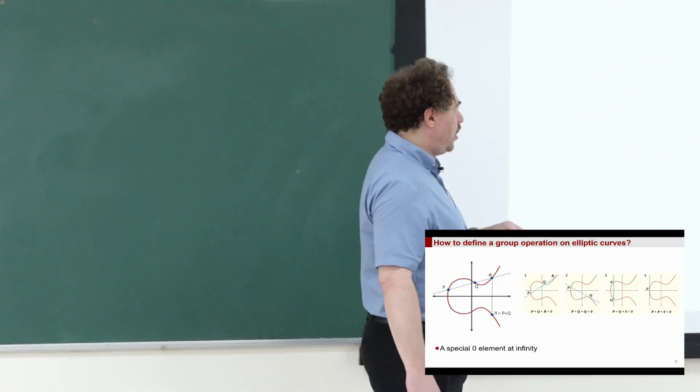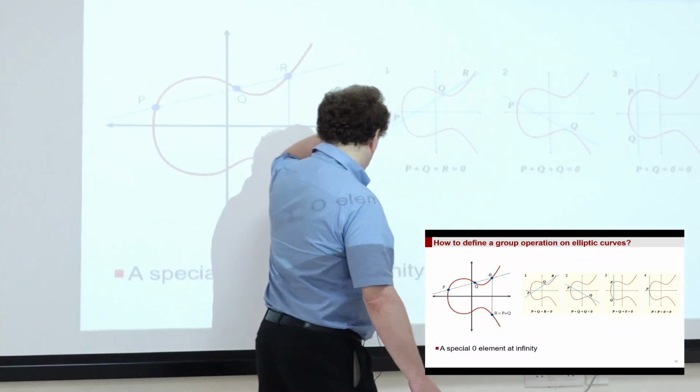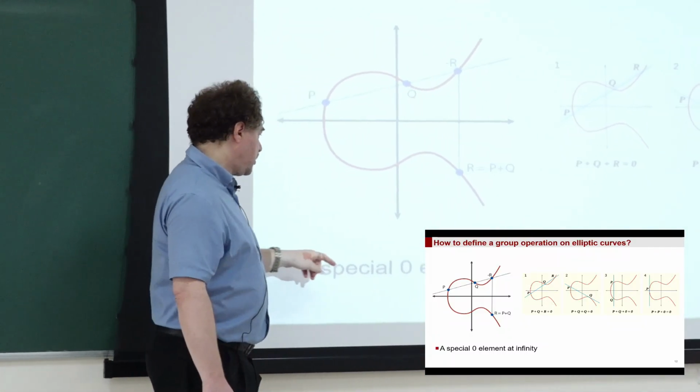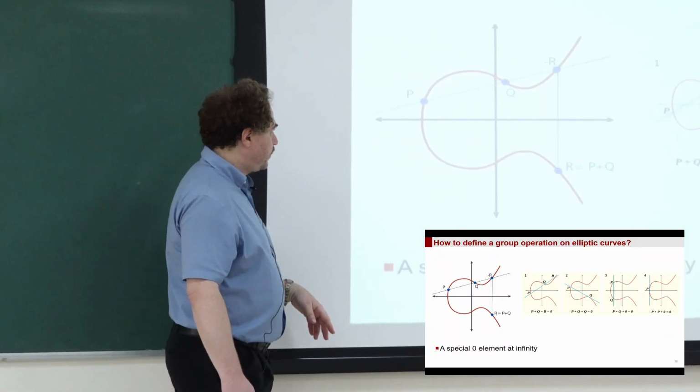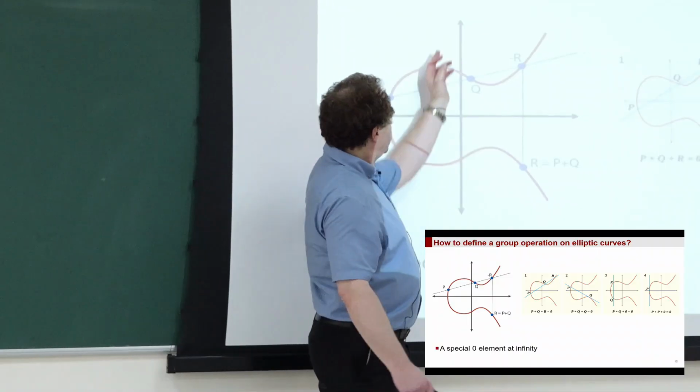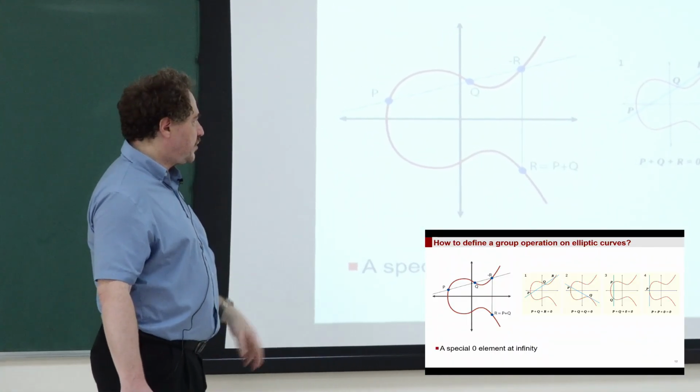Okay, so there are examples, but before that, we need to say that there is also an identity element for the curve itself.